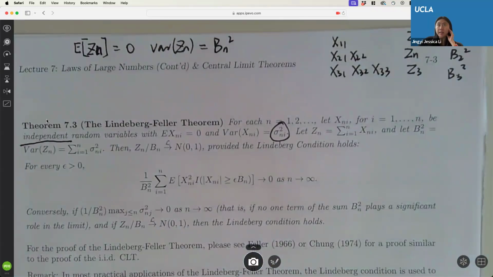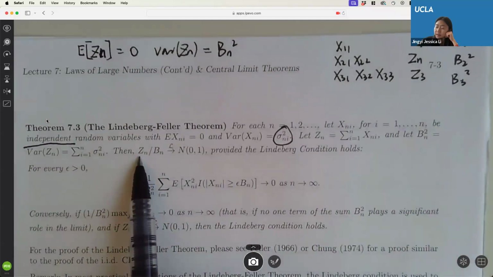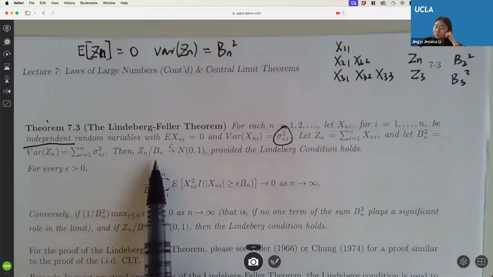By this setting, all these Zn's can have very different Bn squared, very different variances. So they are still independent, but they don't share the same variance. Then the central limit theorem here is about this thing, Zn over Bn.